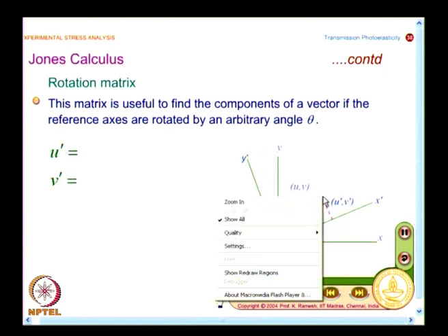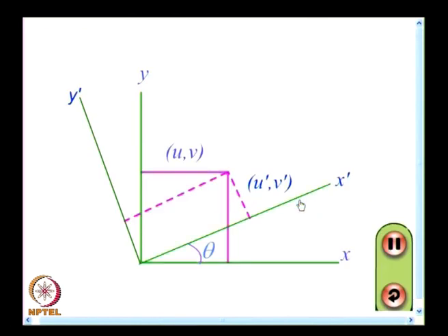So, what I have here is the reference axes x and y, and I have a point labeled as u comma v. I can find out u, I can find out v, and what I want is, I have another coordinate system at angle theta. I have this as the x prime axis, and I have the y prime axis which is perpendicular to this.